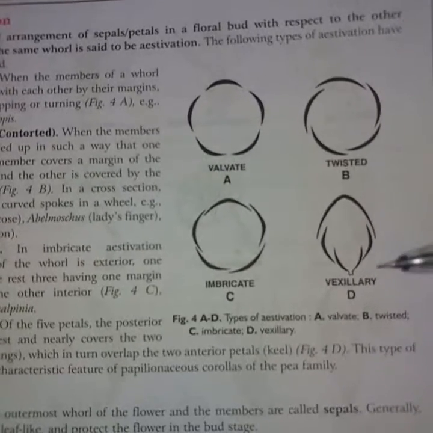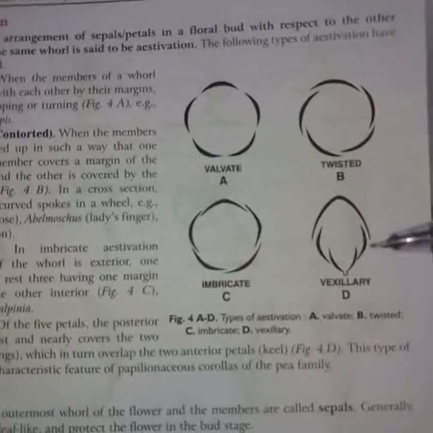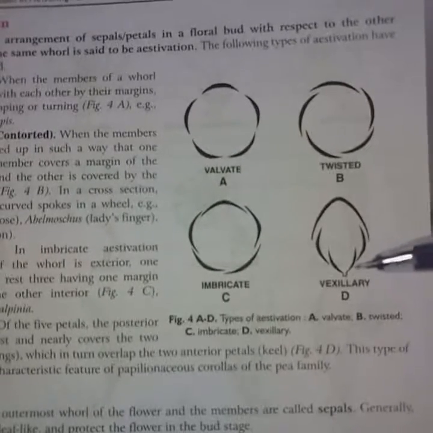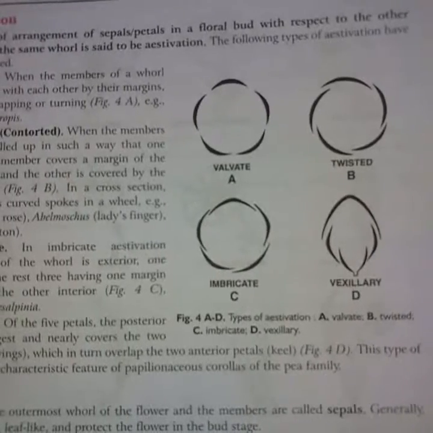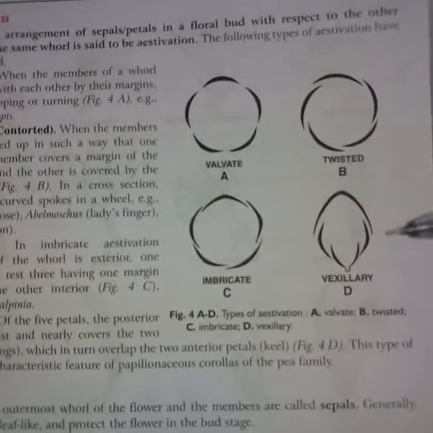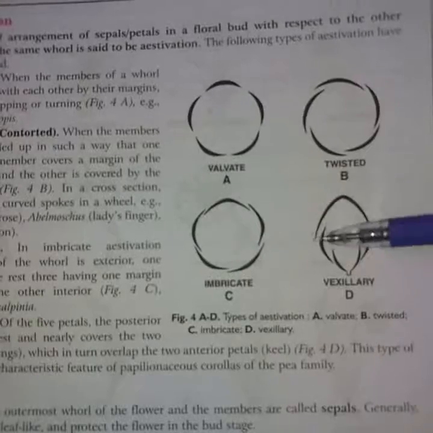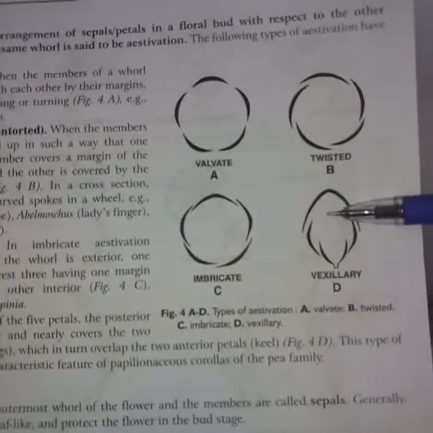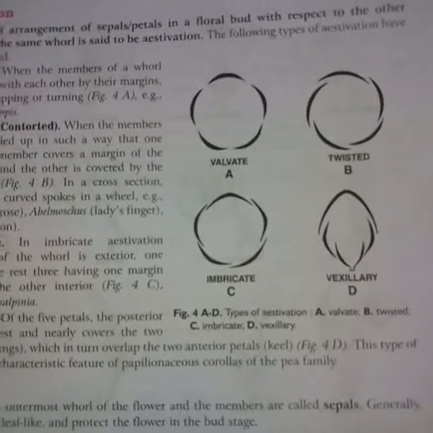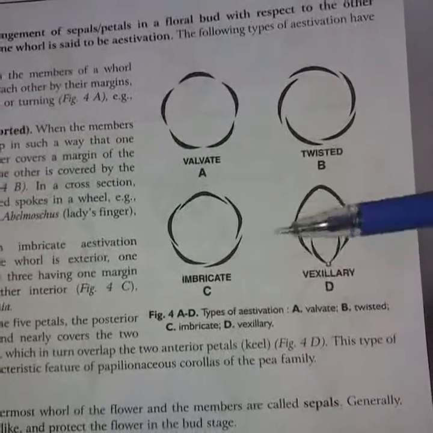This type of estivation is called vexillary estivation. Mostly pea plant or bean plants present this type of estivation, and this type of estivation has zygomorphic symmetry.